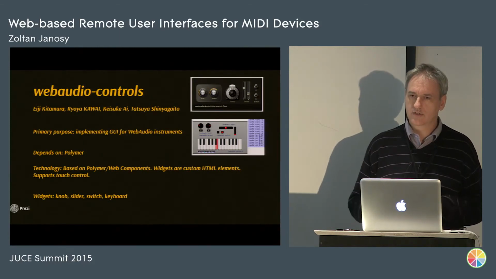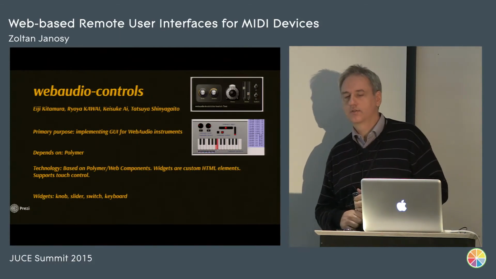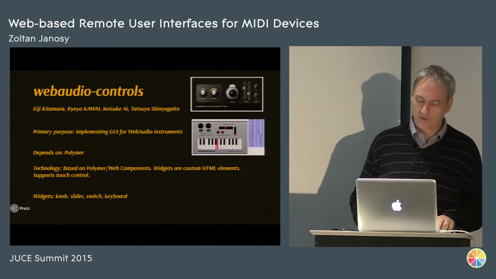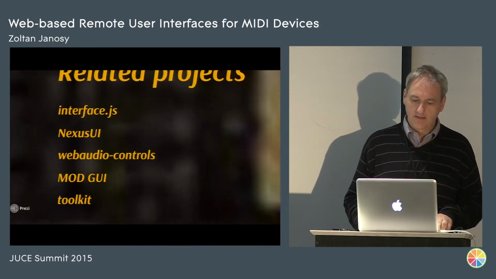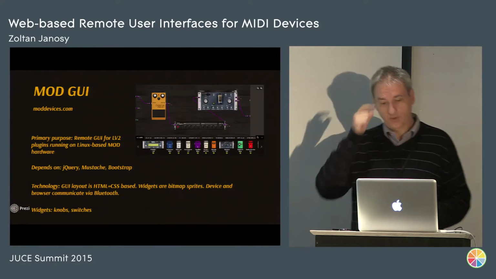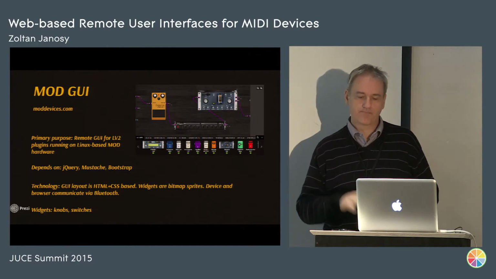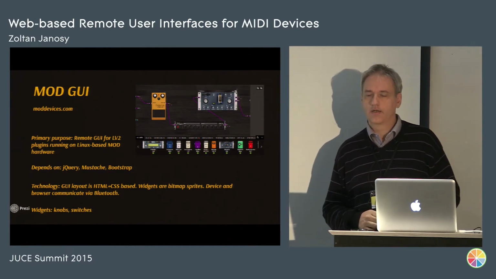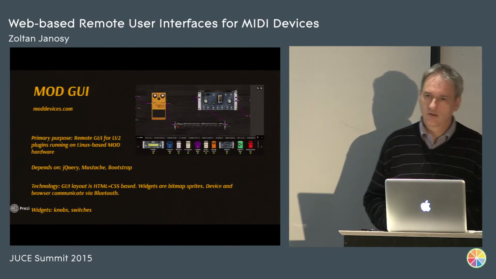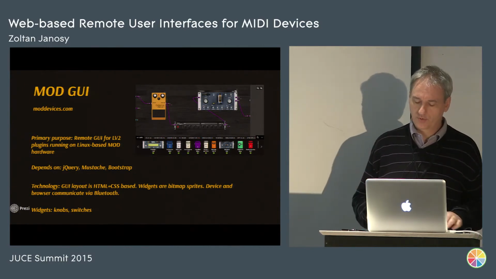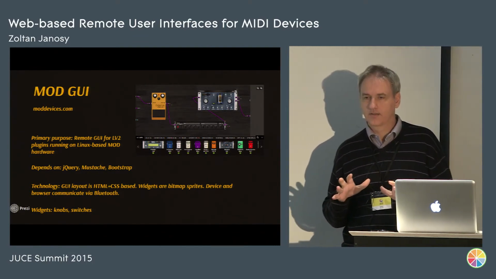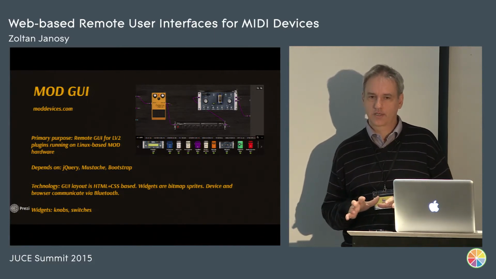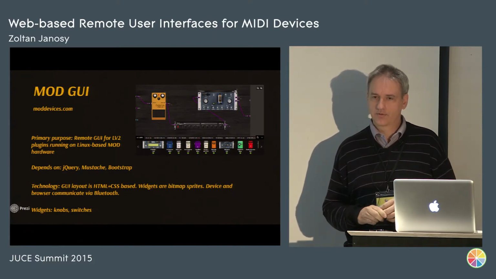Web Audio Controls is written by the guy who wrote the Knobman software you probably know for creating animated knobs. And then the last two, Mod GUI and Toolkit, are commercial products, or at least part of commercial products that are open source. Mod GUI is a foot pedal which can be used to download LV2 plugins.